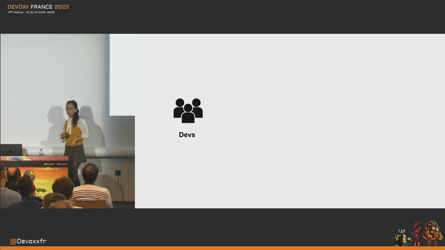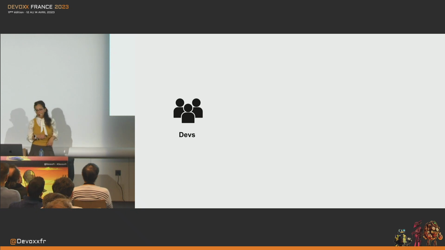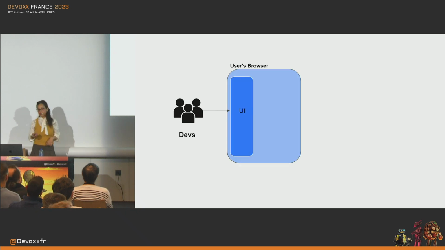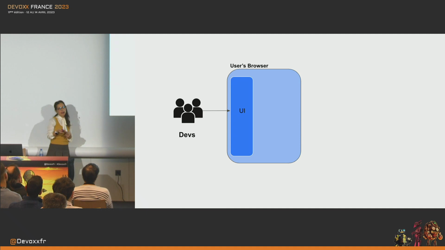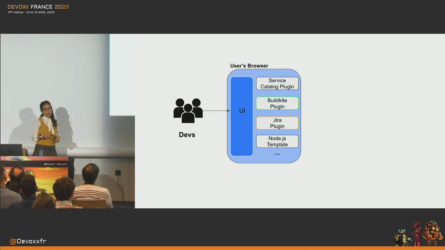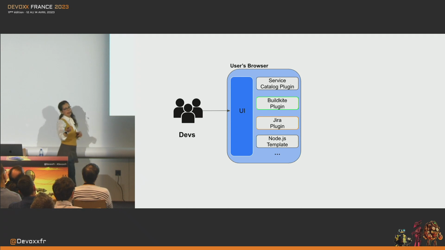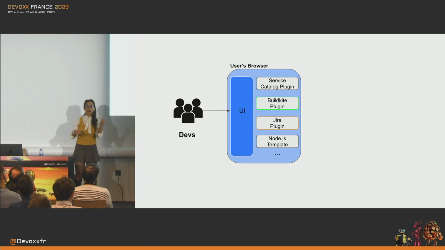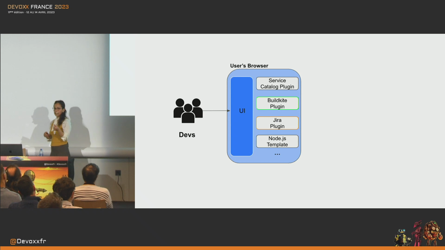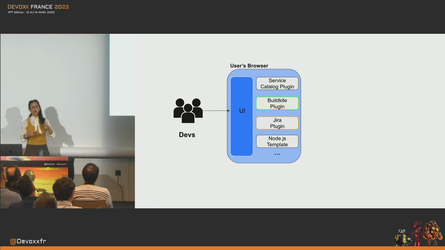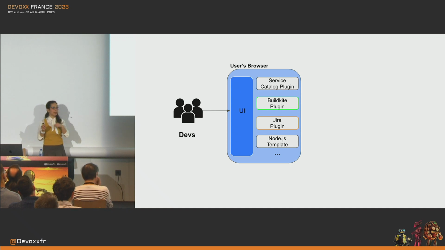So from the developer's perspective, what I will see, basically, is a web UI through my browser, where I have a list of plugins, templates, and documentation, where I can click, pick any of them, and install it based on my need. If I want to create an application based on Node.js, I can pick that template, 1 click, and I'm ready to go.